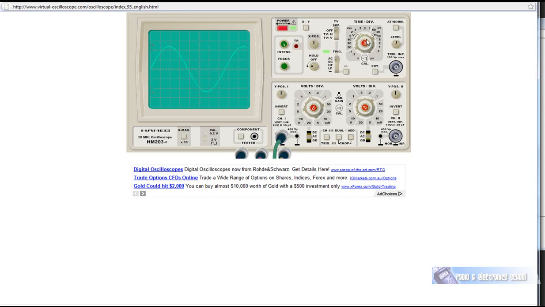So if I make the electron beam sweep faster across the screen, I can just get 1 complete cycle of AC. Have a play with that yourself.